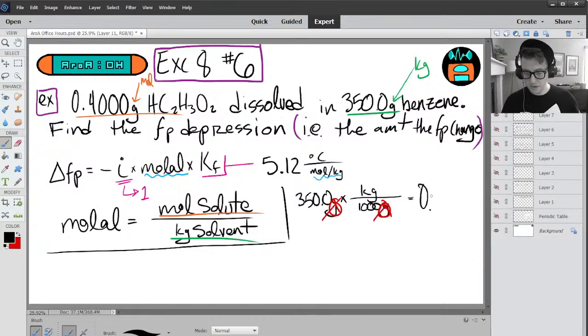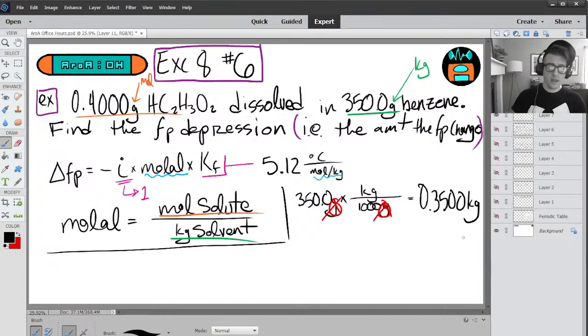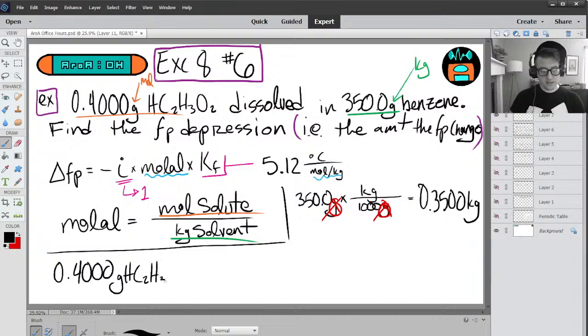And this will come out to be 0.3500 kilograms. Next, let's get moles of acetic acid. So we have grams of acetic acid here. We need to convert our mass to moles.